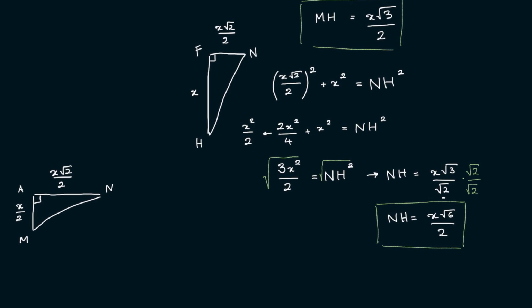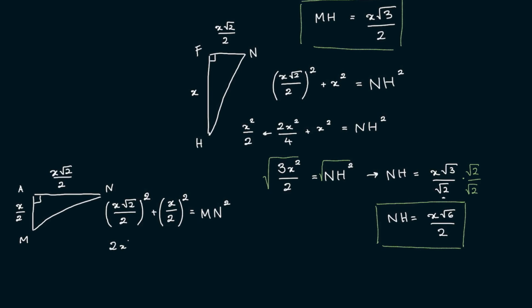Alright, and now let's use the Pythagorean theorem once again. We'll have that (x radical 2 over 2) squared plus (x over 2) squared is equal to MN squared.